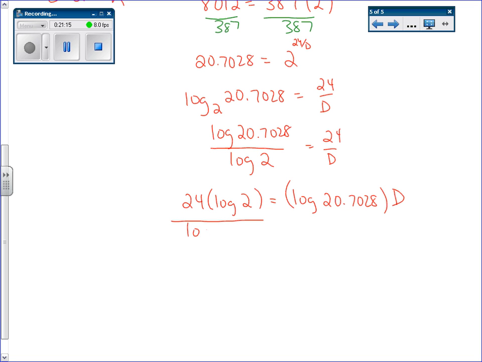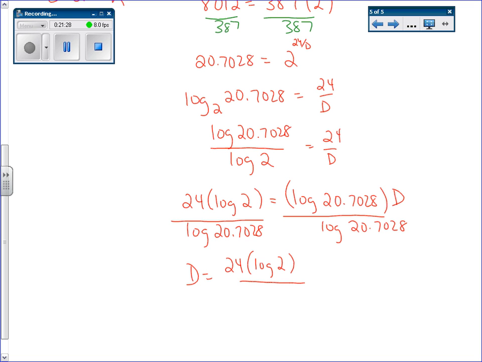Divide both sides by log 20.7028. And so then d is equal to 24 times log 2 divided by log 20.7028, which gives us a doubling time of 5.489, or 5.5 to the nearest tenth, so 5.5 hours.